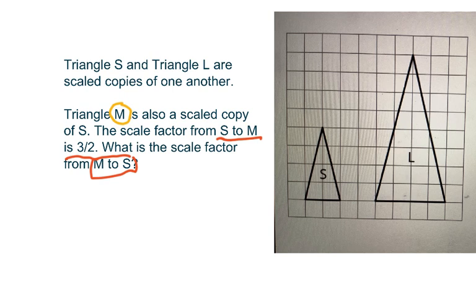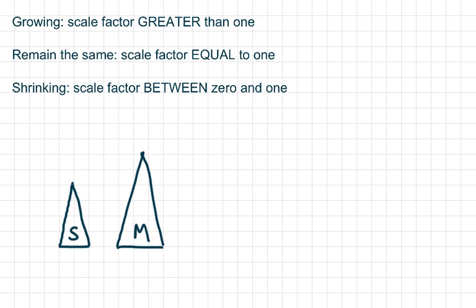For me, I like to actually have an image, and so I did figure out and sketch out the other triangle. The way I figured this out was I measured and I said, how long is the distance across the base of triangle S? And I realized it's 2. And then since I know that the scale factor is 3/2, I multiplied.